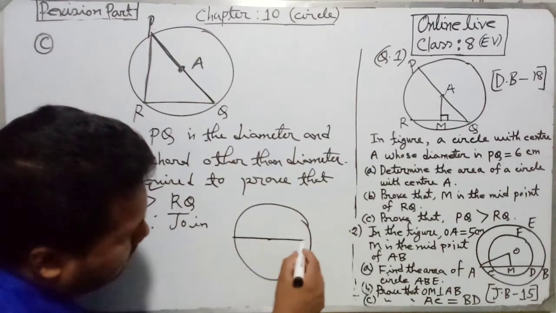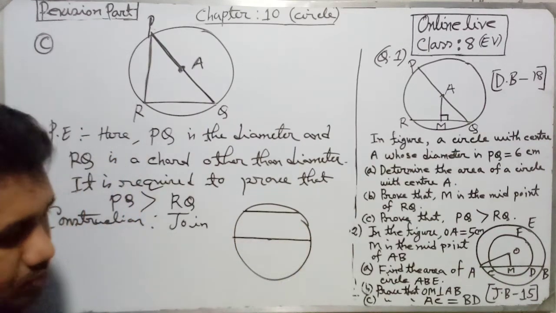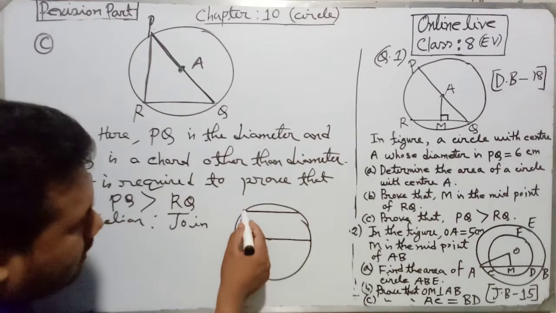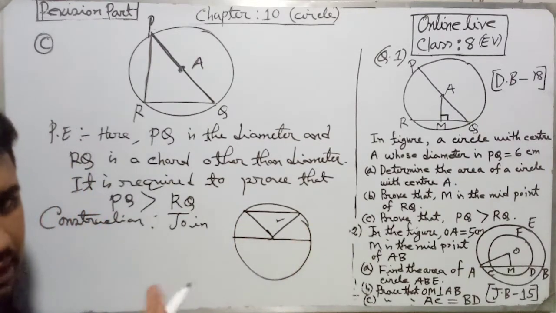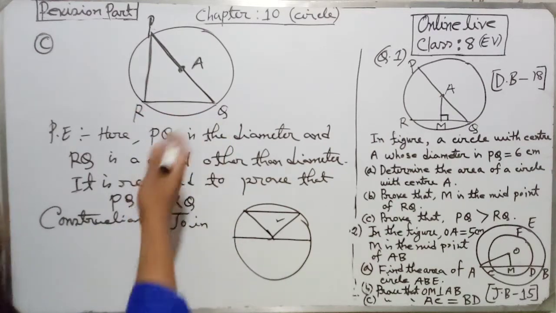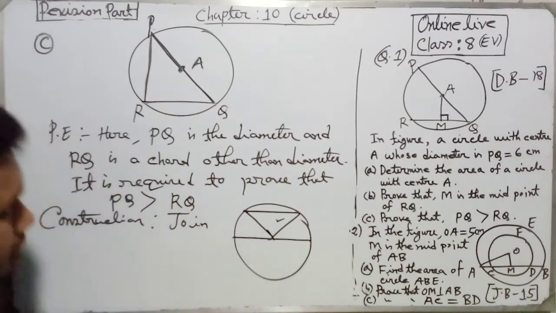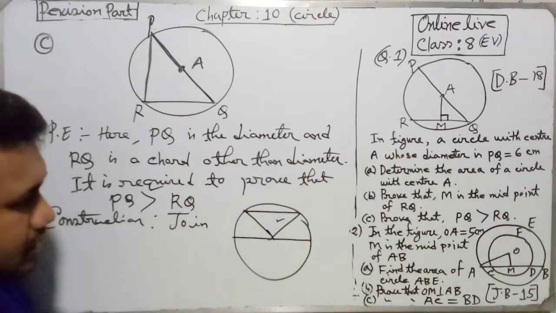Suppose this is our diameter and this is the another chord in your math book example 4. Then we can make this one and this is a triangle, clear? But here our figure is like this, so we have to use this figure. So now if we join this one, then we get a triangle.